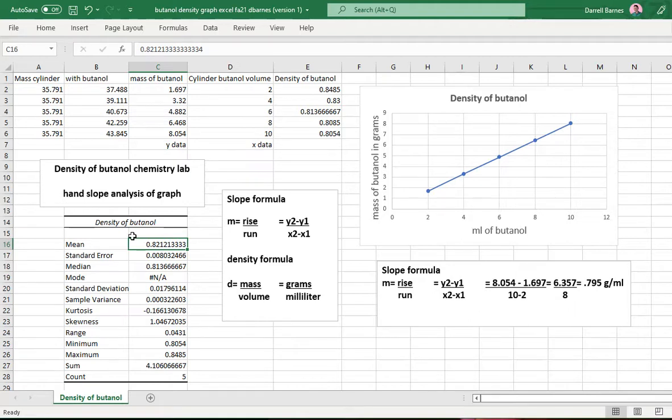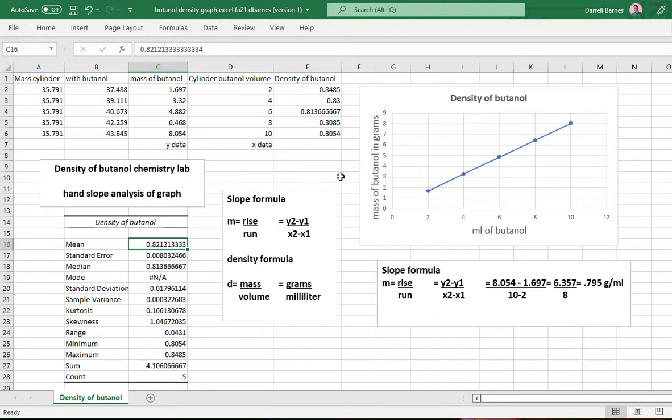So the benefit of using a ToolPak analysis add-on with Excel is that you're analyzing all the data of all the points instead of just what you see between two separate points. But the point of this video was just to show you how to measure the slope of a graphed line, and we have done that.